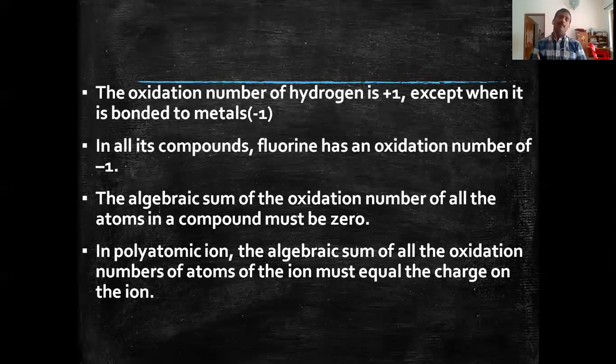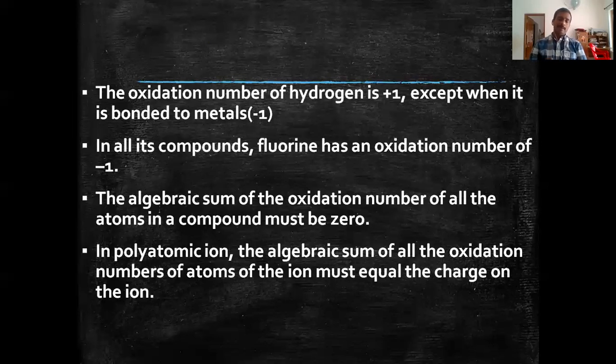For example, NH4+, what is the charge on the ion? +1. So the algebraic sum of oxidation numbers must be equal to +1. Nitrogen oxidation state is -3, hydrogen +1.